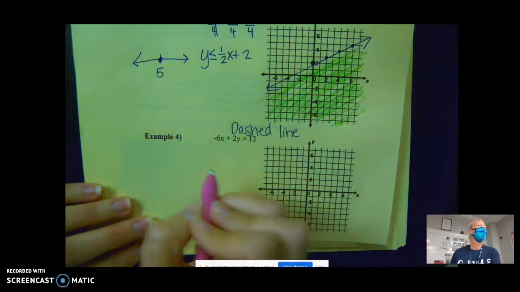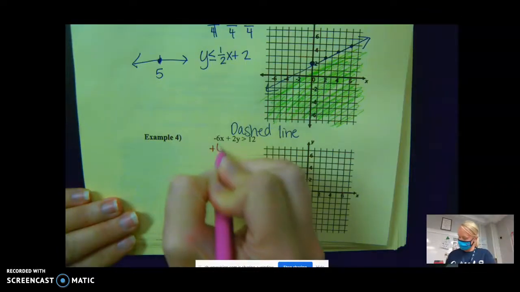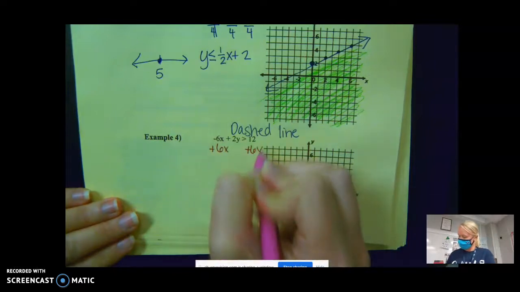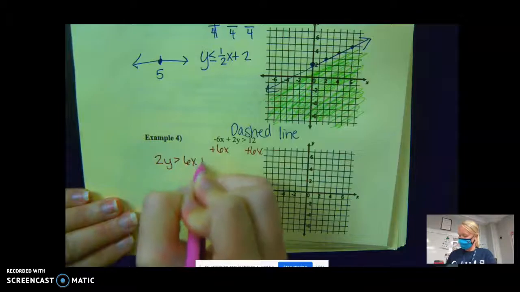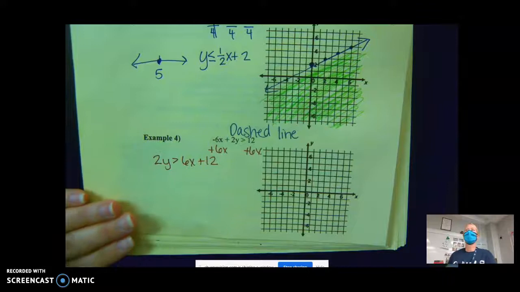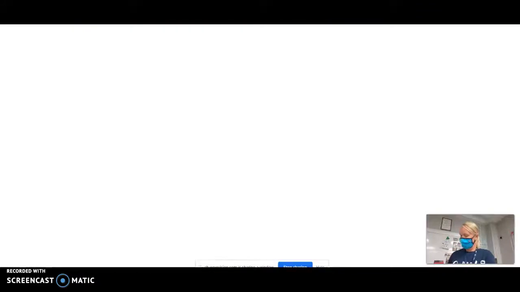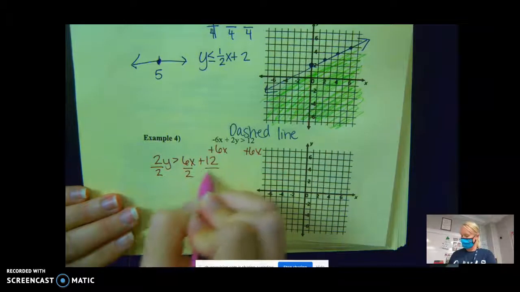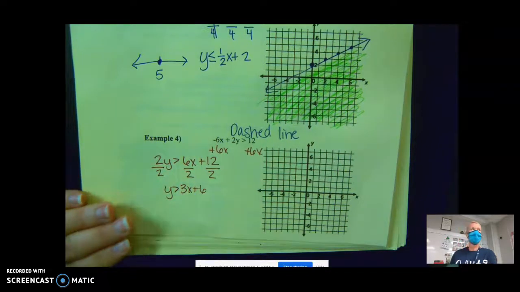I can't divide yet. Thank you. We're going to move the x's over. So I have 2y is greater than positive 6x plus 12. What would I do now to get the y by itself? Awesome. Divide by 2 everywhere. Y is greater than 3x plus 6.